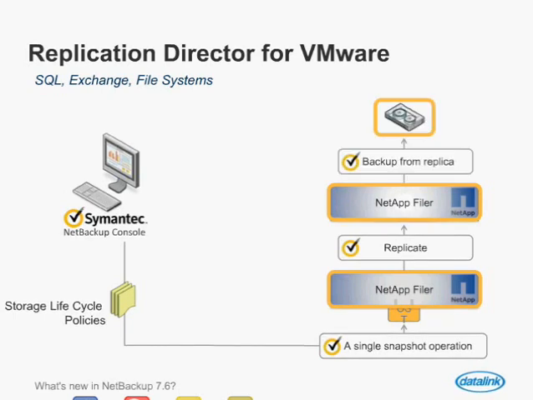I can also take it from that filer off to a physical piece of media. So I can store that for a longer period of time, and at the same time I'm able to use a function within Replication Director that will take that snapshot and index that snapshot. So I can index those snapshots into the database within NetBackup. That's what gives me that single pane of glass from the restore capability to be able to look at, I want to restore a particular folder.